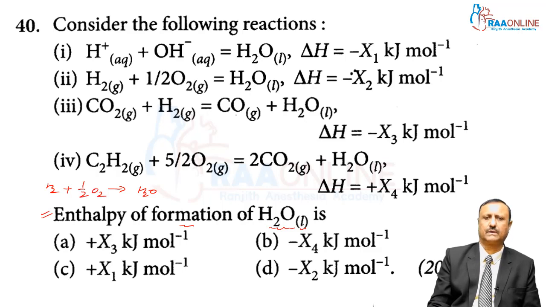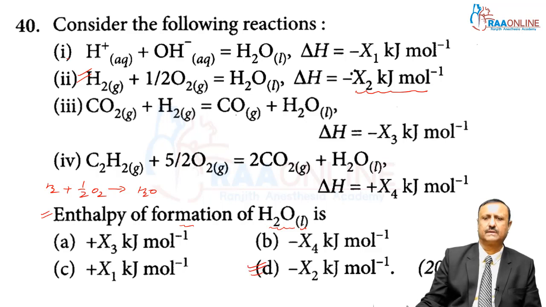Then you get the water, and this equation is present in option B, H2 plus half O2 to give water liquid, and you get delta H equals minus X2. So, this is the same reaction. So, my dear students, this minus X2 kilojoule per mole is the enthalpy of formation.